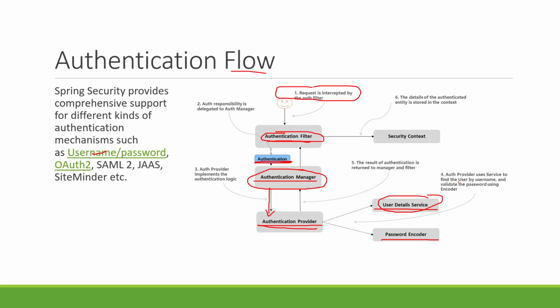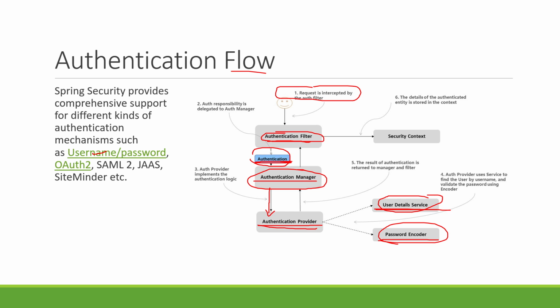It will find the user by username, and later we'll get the password returned from the database. Then use the password encoder to check if the password stored in the database and the password passed through the authentication are the same or not. If the same, it's going to pass. If not, it's going to be unauthorized.